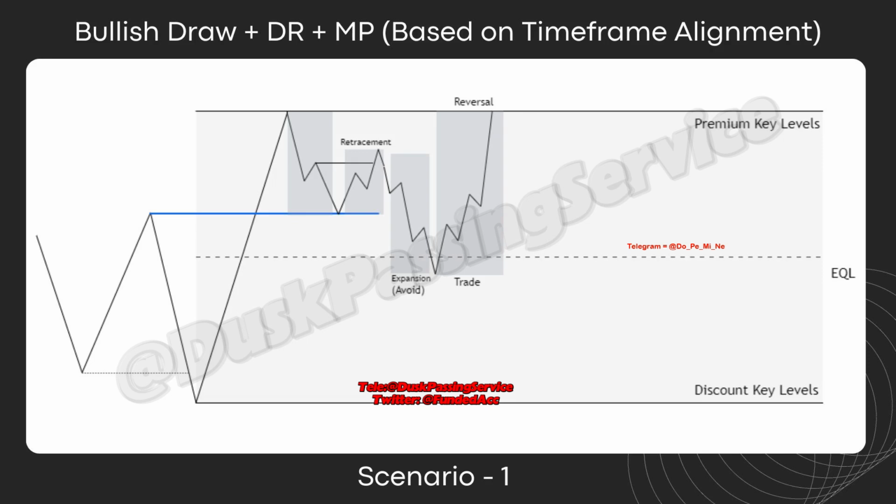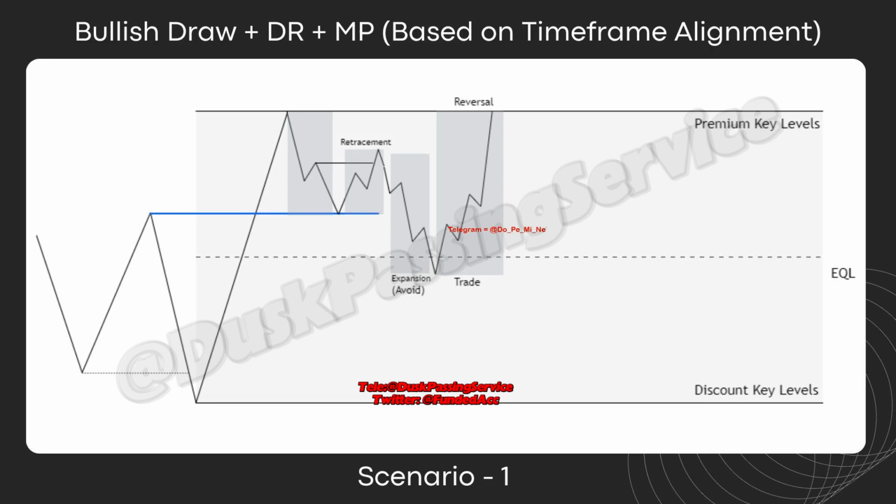So let's say another time you are dealing with a bullish market structure, and you've seen a bullish dealing range, and you've got a key level inside the premium. Now you're going to be cautious around that key level, because you know that price is most likely going to retrace to a discount key level before it could move higher. But we also had this premium key level, so you're going to be wondering what price is going to do at this key level.